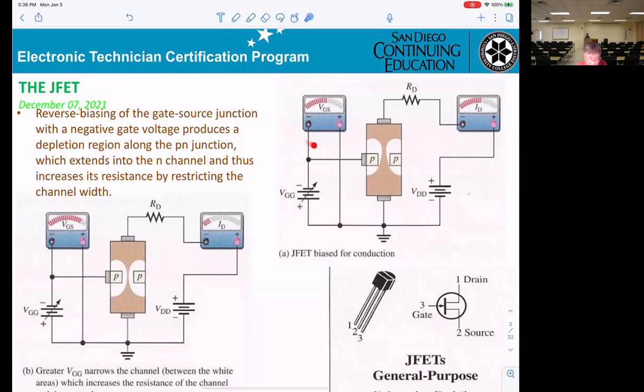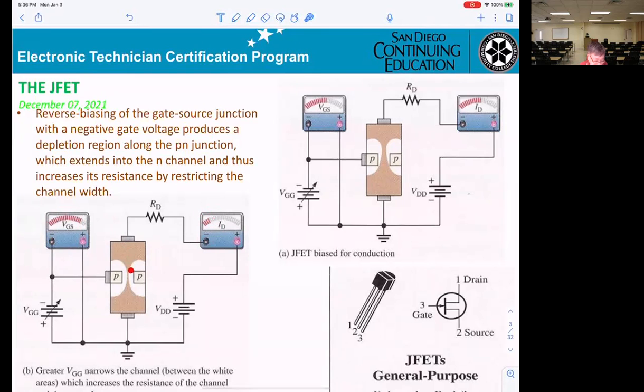So when you're looking into that, they measure the voltage VGS and they measure the current ID. Basically you get VGS, a negative voltage here, and you get the current flowing here. In the second picture, you can see that with more negative voltage in VGS, the current ID will be less. That's the only thing I want you to understand.